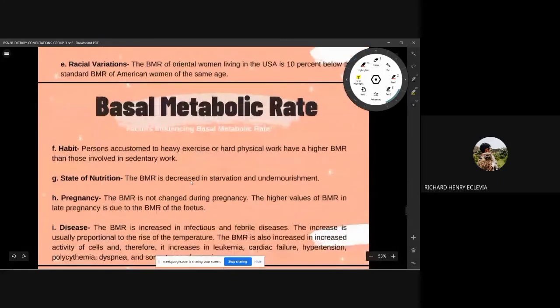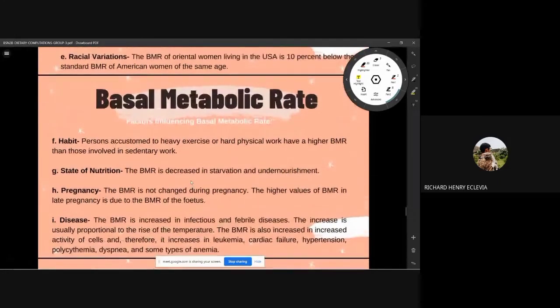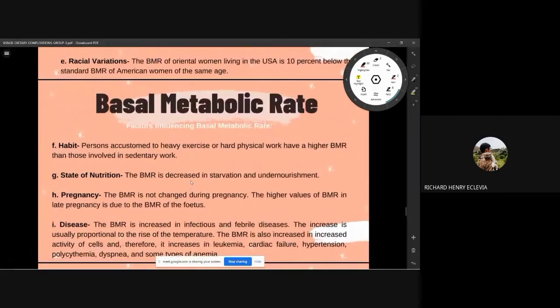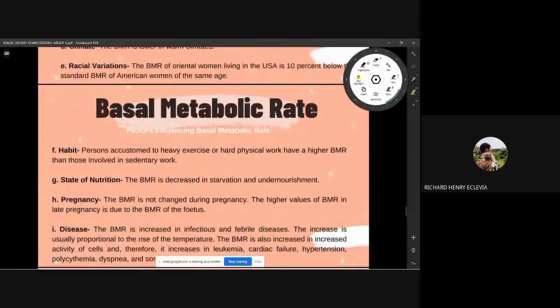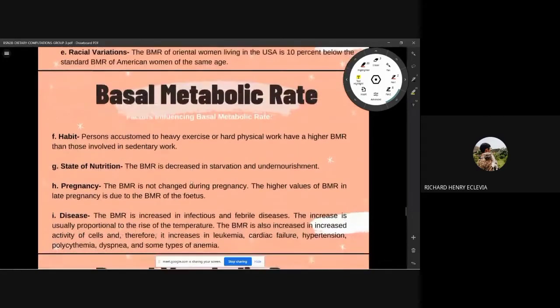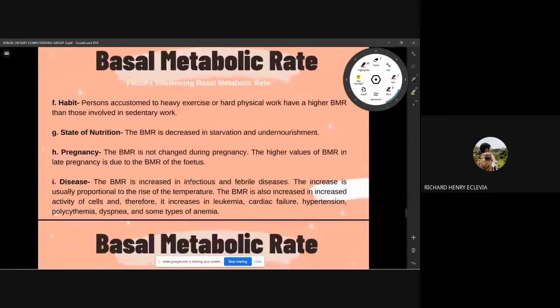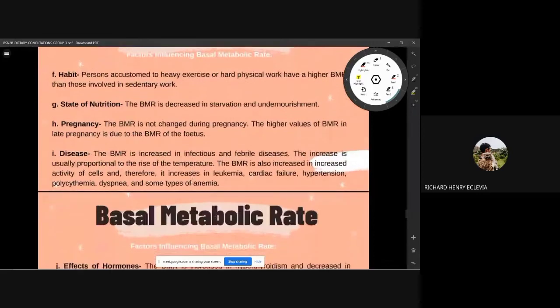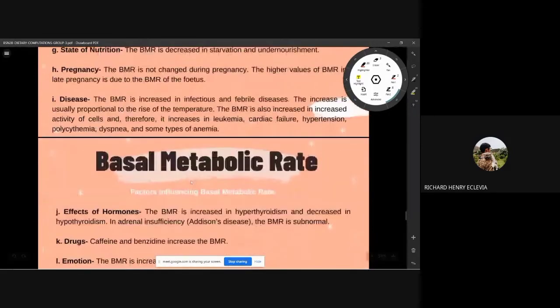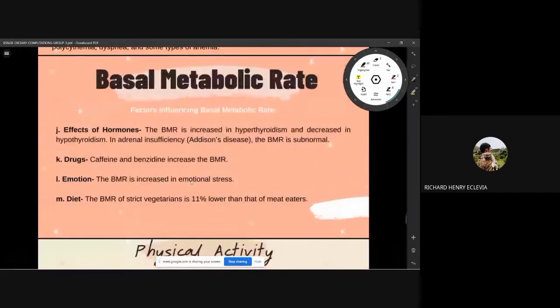So, state of nutrition. Yung mga malnourished, kung konti lang yung nakakain nila, syempre yung BMR niya nade-decrease. So, for pregnancy and disease, effects of hormones. For drugs like caffeine and nicotine, it increases BMR.